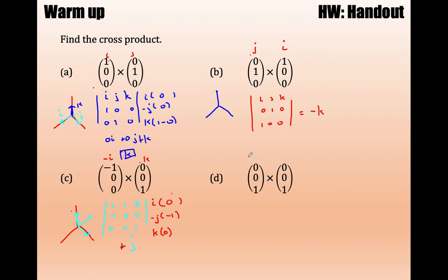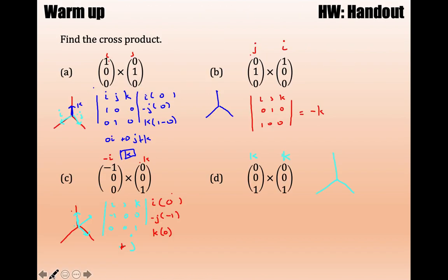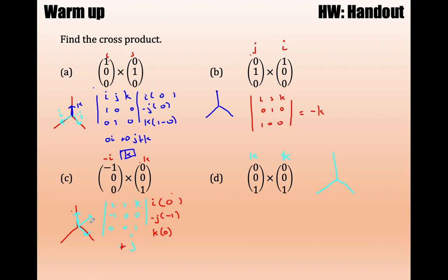Curious, what is this one here? This is k crossed with k. So remember what the cross product is. How perpendicular are these two vectors to each other? Well, wait a second. If we're talking about the same vector, how perpendicular is k with itself?